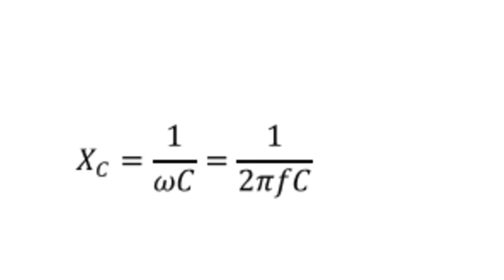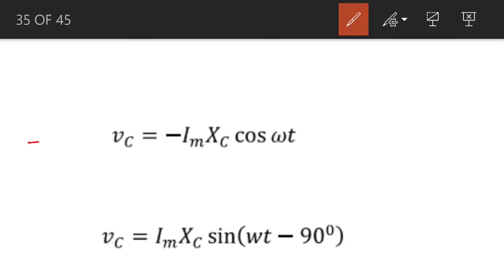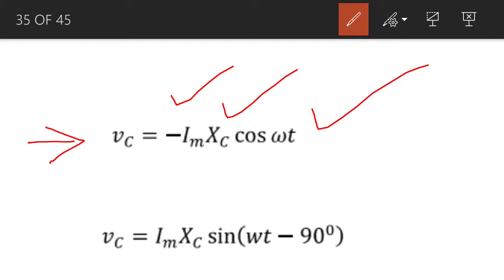So anyhow, the voltage across the capacitor is equal to minus the maximum value of the current into Xc into cos of omega t, and we know that minus cos of omega t is equal to sine of omega t minus 90.